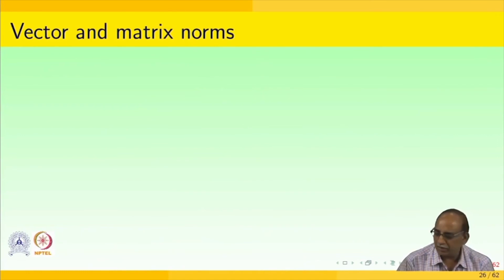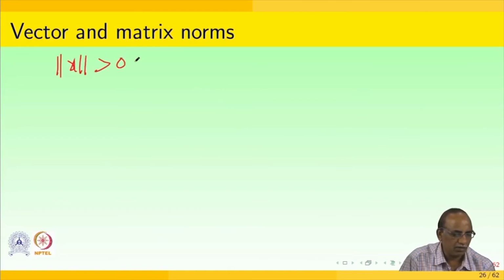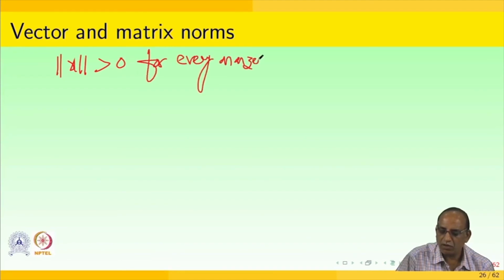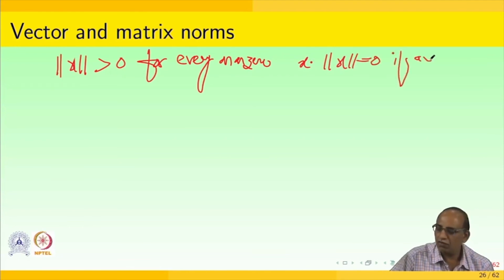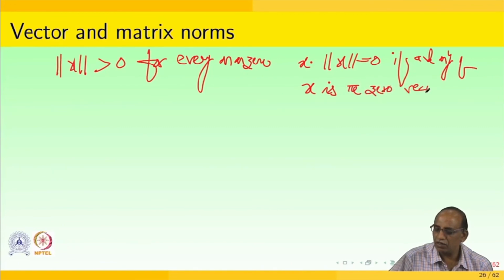Then vector and matrix norms. So the norm of x is greater than or equal to 0 for every non-zero x, and the norm of x is equal to 0 if and only if x is the 0 vector.